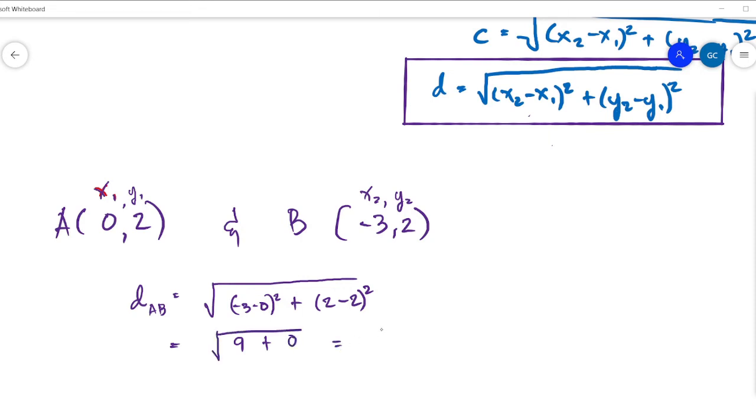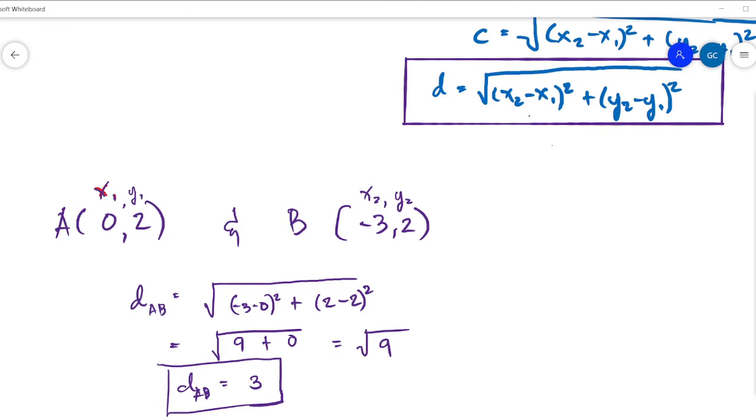So that will be equal to the square root of 9, which will be equal to 3. So the distance between point A and point B will be 3. Okay? So that will be our answer for that.